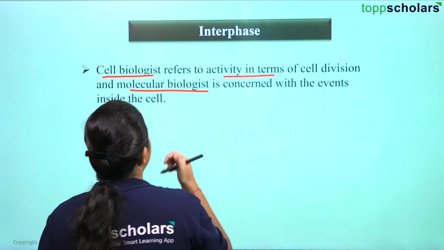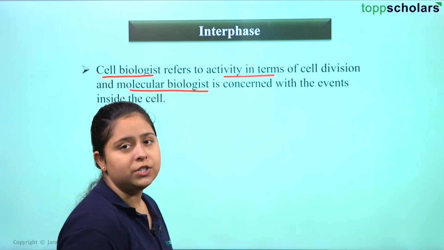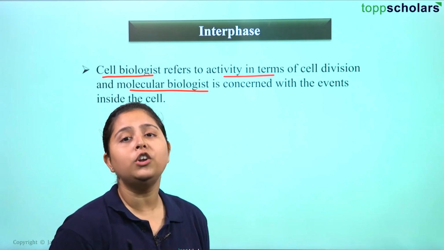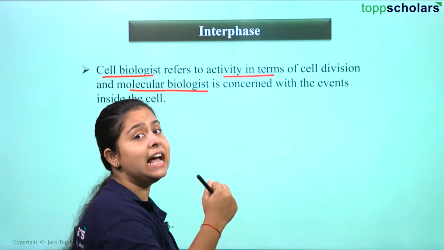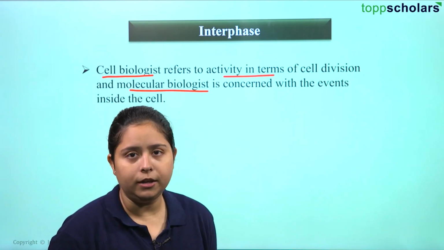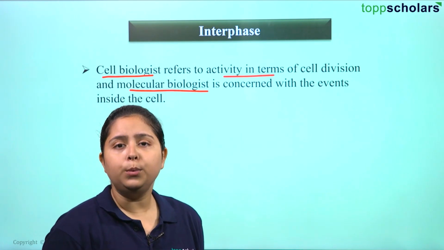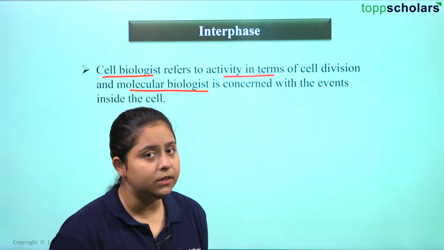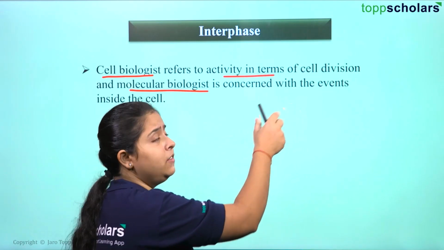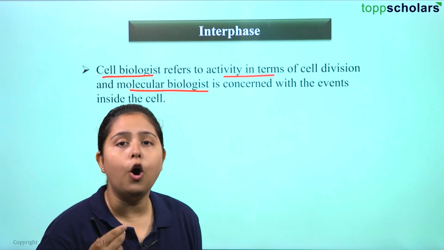We have another one which is molecular biologist. So this person, molecular biologist, will refer to the events that are happening inside the cell as activity. He is not concerned with whether the cell divides or not. He or she is just concerned with whether there is activity going on inside the cell or not.